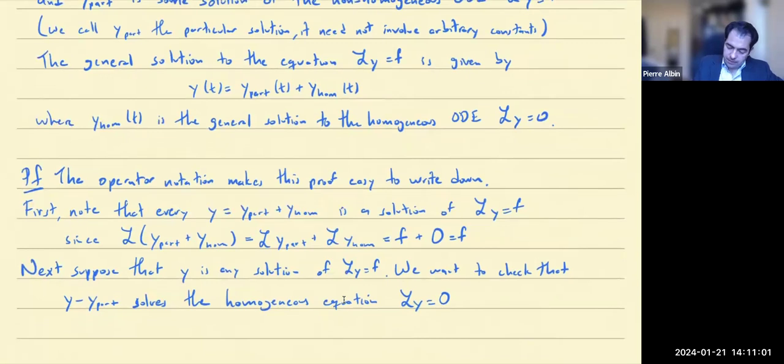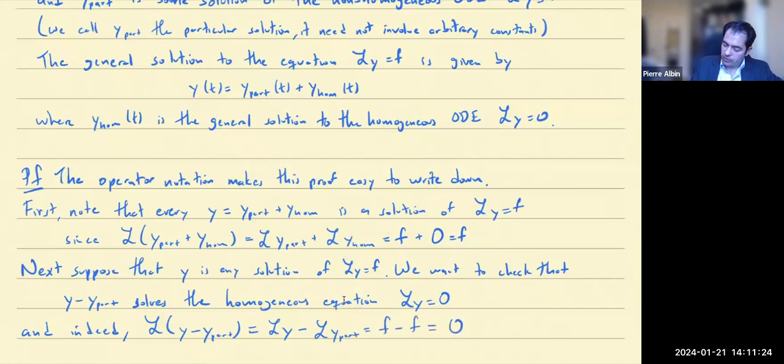And indeed, if you plug in L of y minus y part, then you have L of y minus L of y part, right? But both of these are solutions of the non-homogeneous equation, so we get 0, just like we wanted, right? So the difference solves the homogeneous equation.